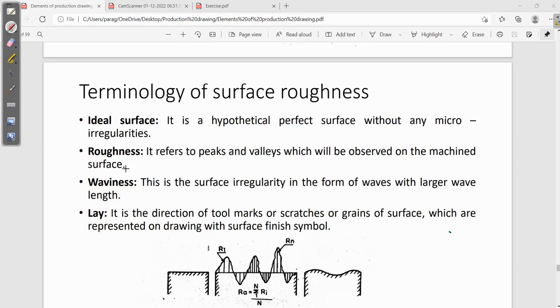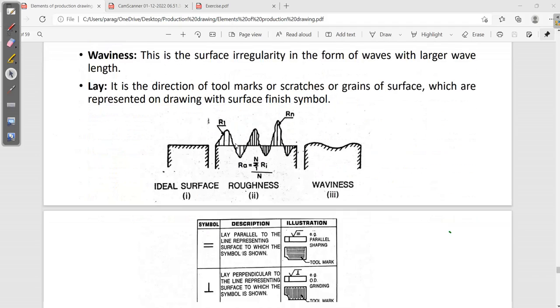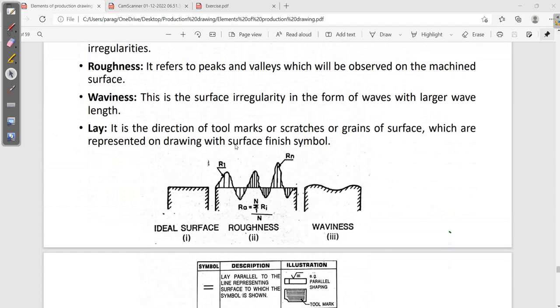You need to remember ideal surface roughness, waviness. Let's not waste time. I'll explain this first. I'll start with waviness and roughness. Roughness you already know: if the surface is rougher, this is called roughness.